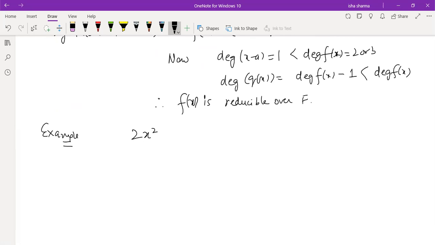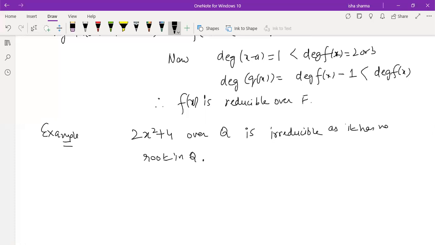So if you take 2x square plus 4, say you want to consider it over Q. Because Q is a field and this is a polynomial of degree 2, I can use the above theorem. So clearly this one over Q is irreducible, as it has no root in rationals.